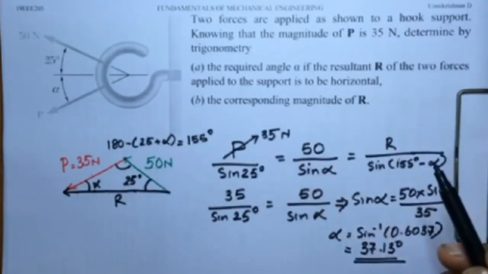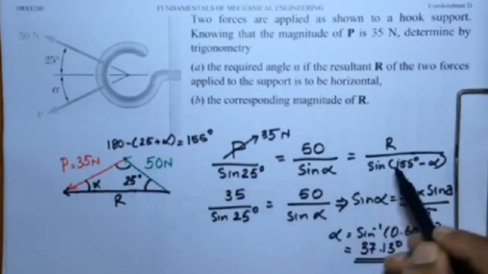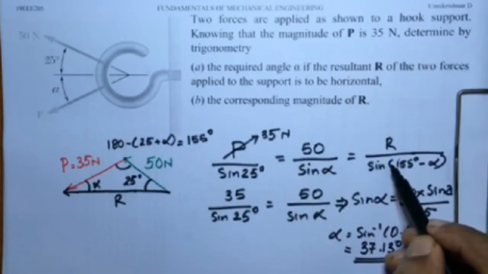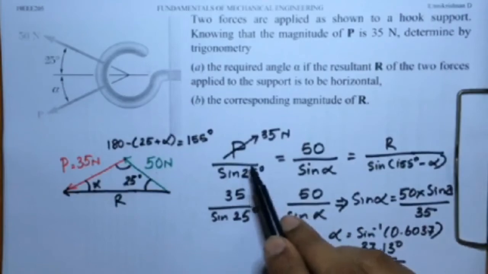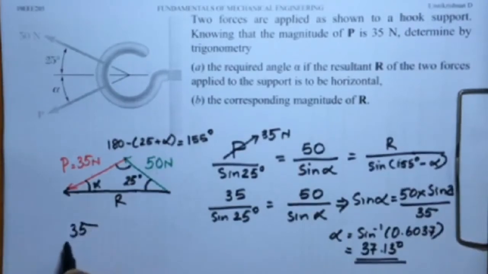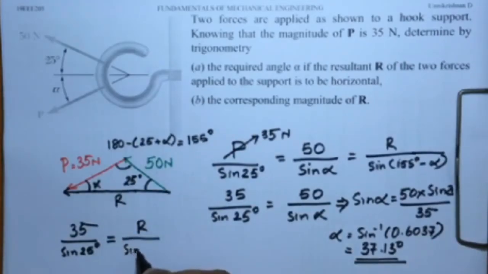To find the magnitude of R, we have to take either the first term and the third term of this equation, or the second term and the third term of this equation. For simplicity purpose, let me take the first term and the last term. So, 35 divided by sine 25 degrees is equal to R divided by sine 117.87 degrees.